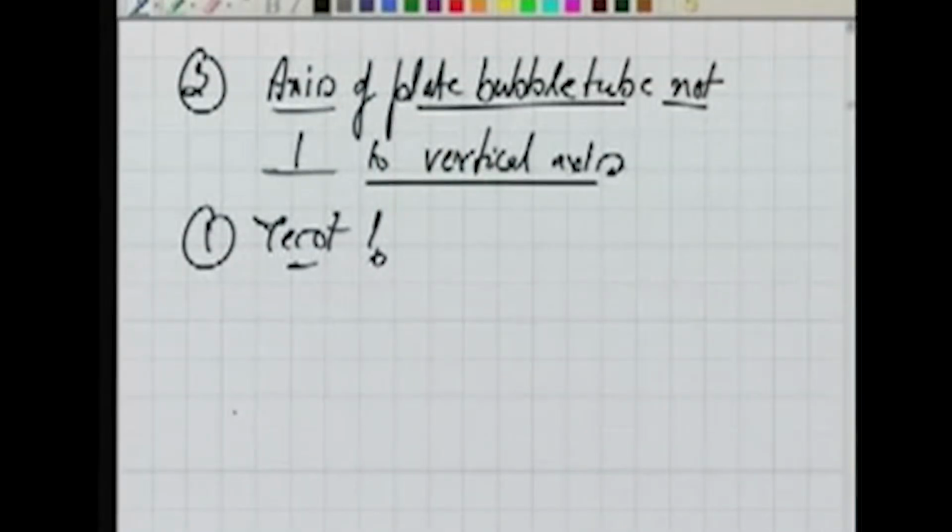Now, what is the theoretical background for this? We will try to do it here by the diagram. That is my vertical axis and the horizontal plate.